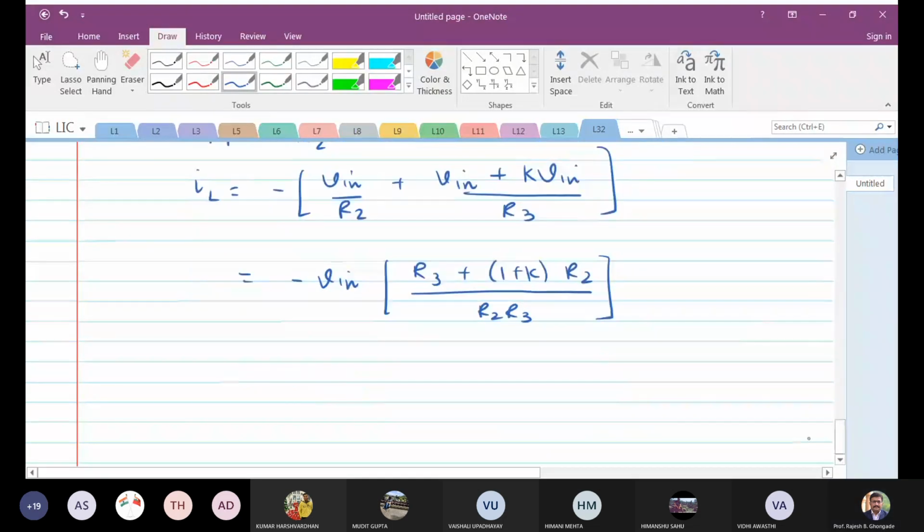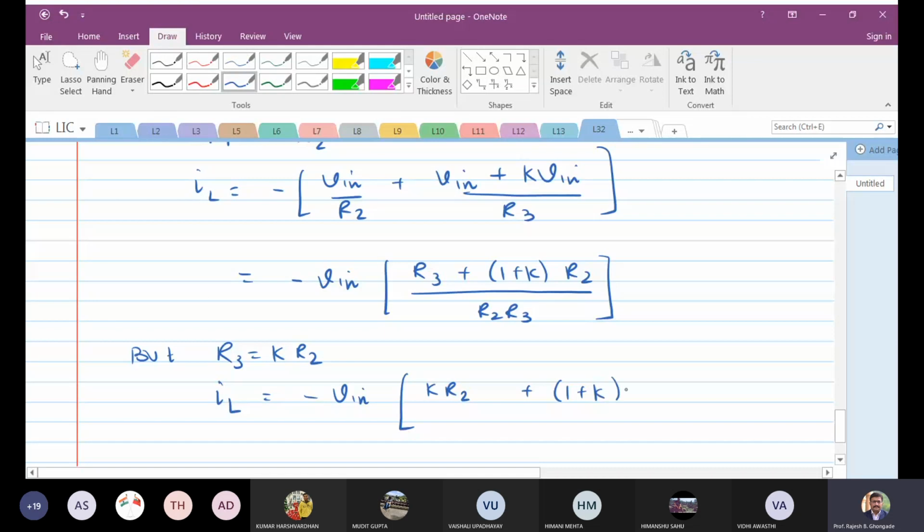But R3 is K times R2. We have made it that way. So IL is minus V in into K times R2 plus 1 plus K into R2 divided by K into R2 square.